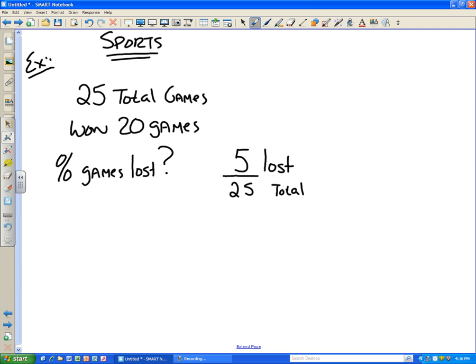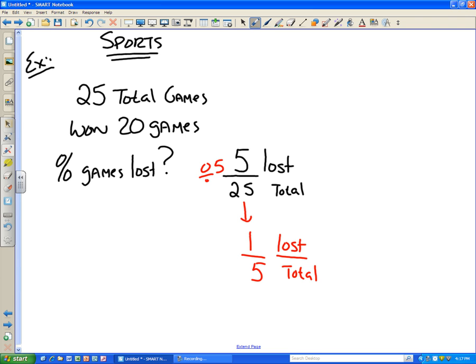So right away when I look at this fraction, I know that I can reduce this fraction by 5. So this fraction reduces to 1 out of 5. So what does that actually mean? That means that you lost 1 game for every 5 total games you played. So again, 1 out of 5 tells me that I lost less than 50% of the games.